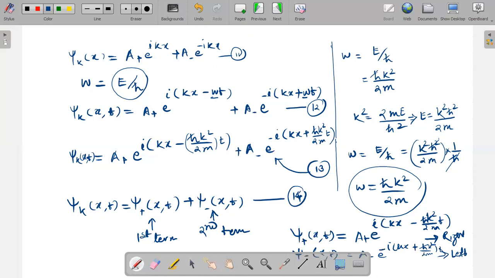And the intensity of these wave functions can be written as a plus modulus square and a minus modulus square. Okay, and therefore we can find out the wave velocity.